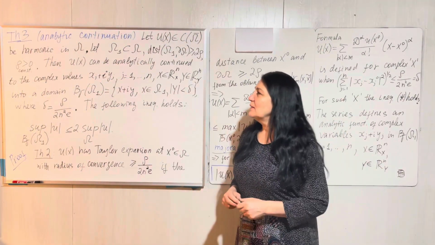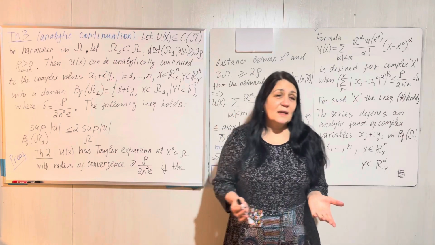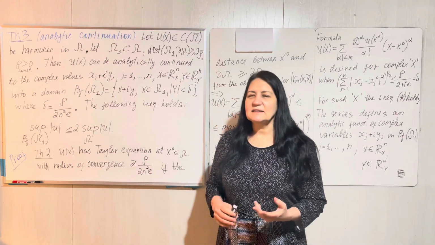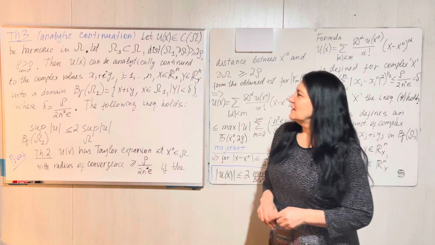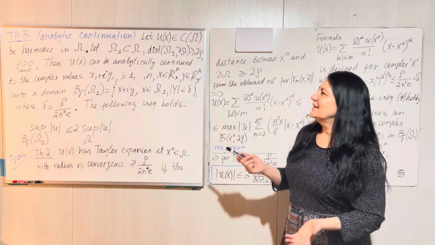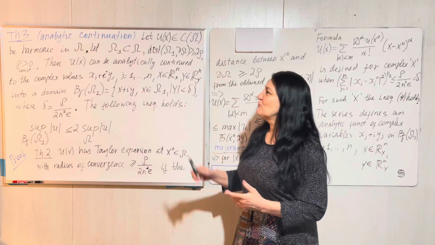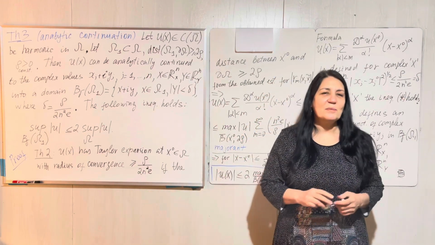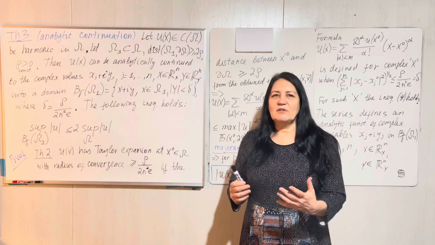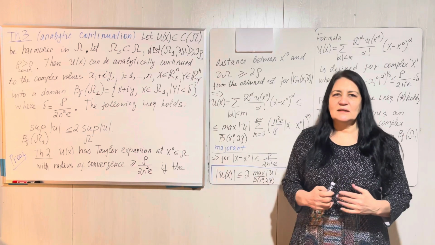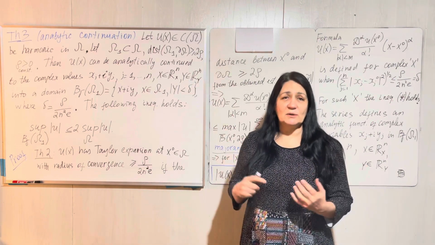Okay, so we just established that harmonic functions are real analytic functions. So now I want to make maybe a remark in the form of a theorem of how we can continue a real analytic function into the complex domain.